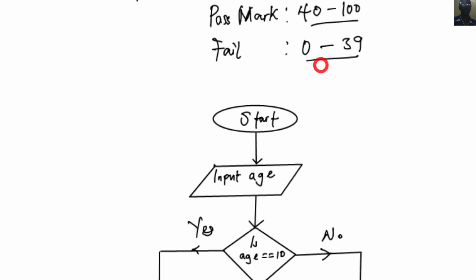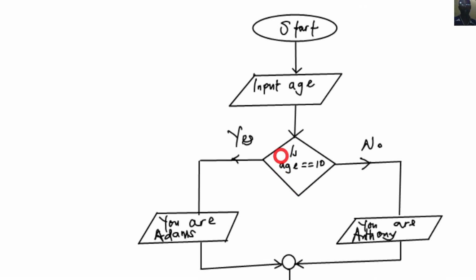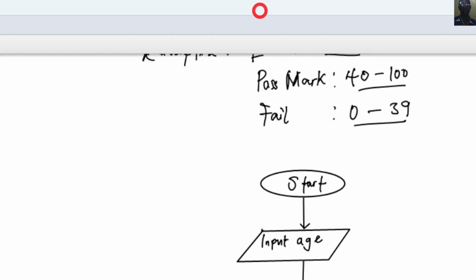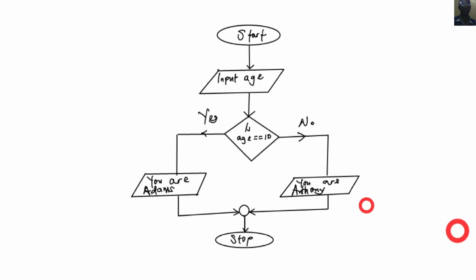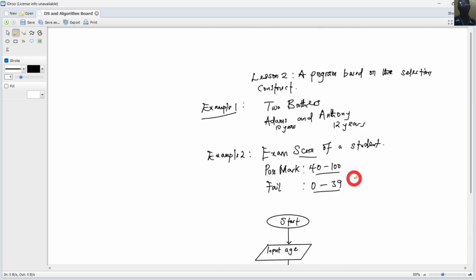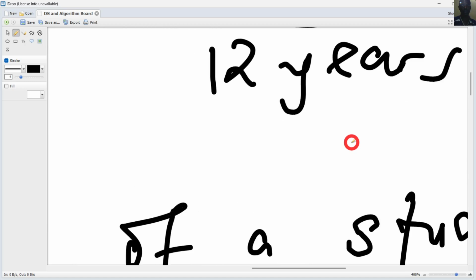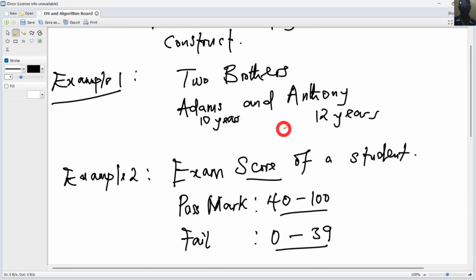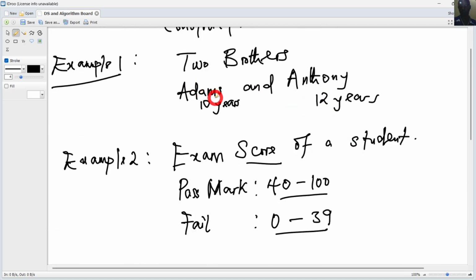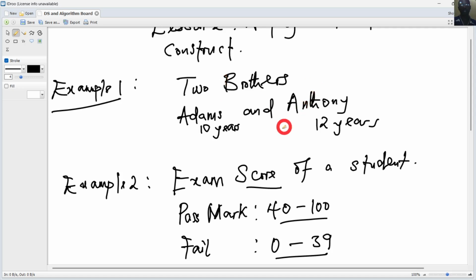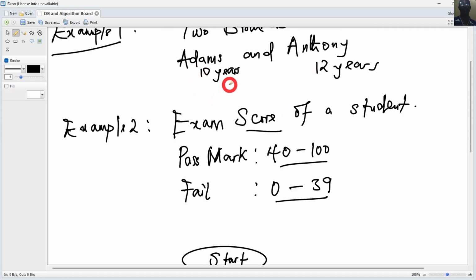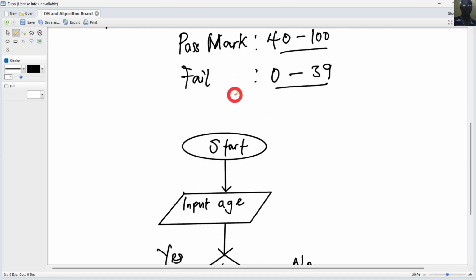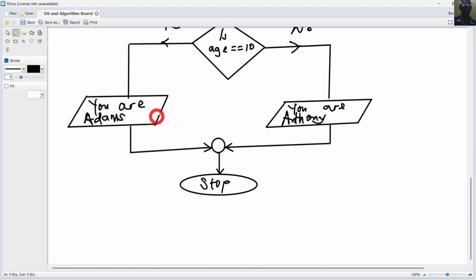So I hope we can see this example 1 over here, and of course this is the question. Question: two brothers, Adams and Anthony. We want to identify based on the age. We want the algorithm to tell us who it is.